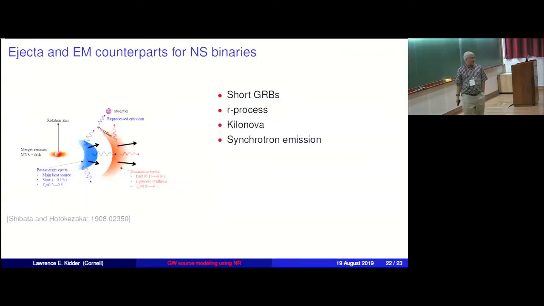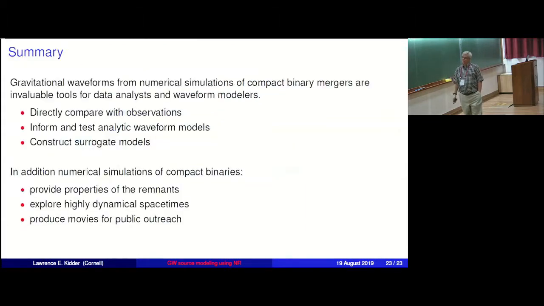And in addition to producing the gravitational waveforms, the effects of the spin and masses of the holes and the equation of state have a big effect on the ejecta and electromagnetic counterparts that you'll see from these objects, where you can get short gamma ray bursts, R-process nucleosynthesis, kilonova, and synchrotron emission from these sources.